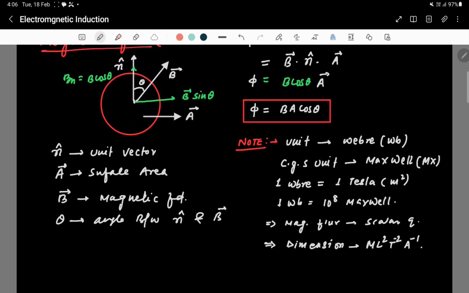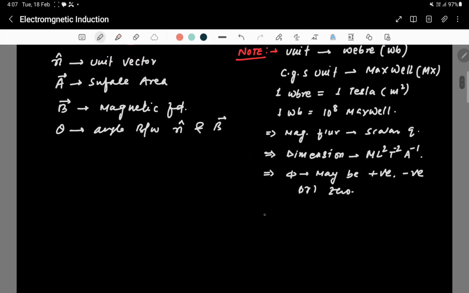बट रिमेंबर वन थिंग, द मैग्नेटिक फ्लक्स मे बी पॉजिटिव, नेगेटिव और जीरो. Flux may be positive, negative or zero. Yes or no? And for n number of turns, remember one point here.